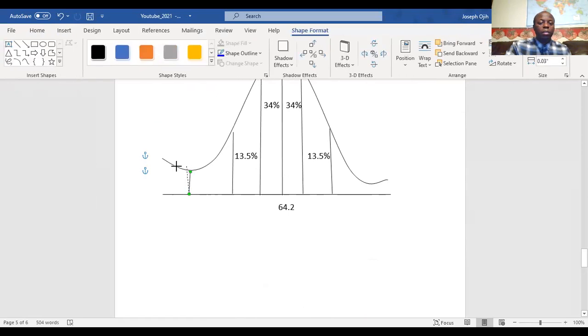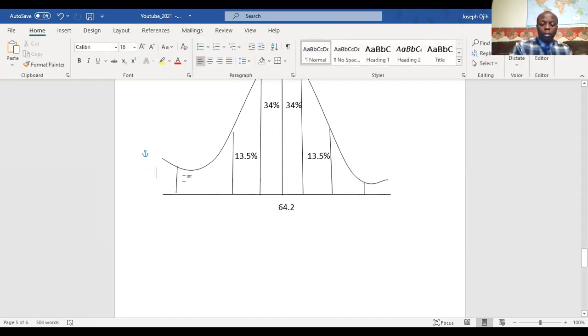I think I'm going to move it all the way here. My diagram is not as good as they have in the book, but it's good enough, I believe. At least you get the point I'm trying to make here. 2.35% for that's 3 standard deviations. So 2.35%. Okay.